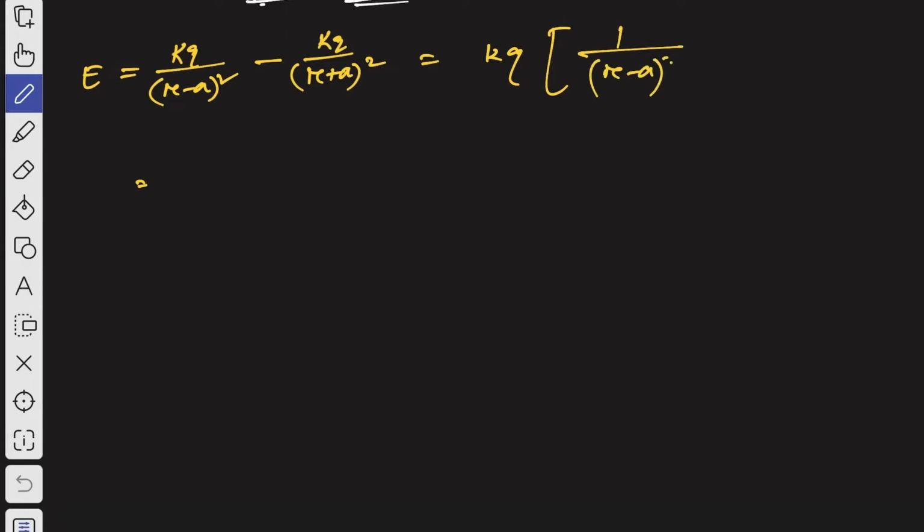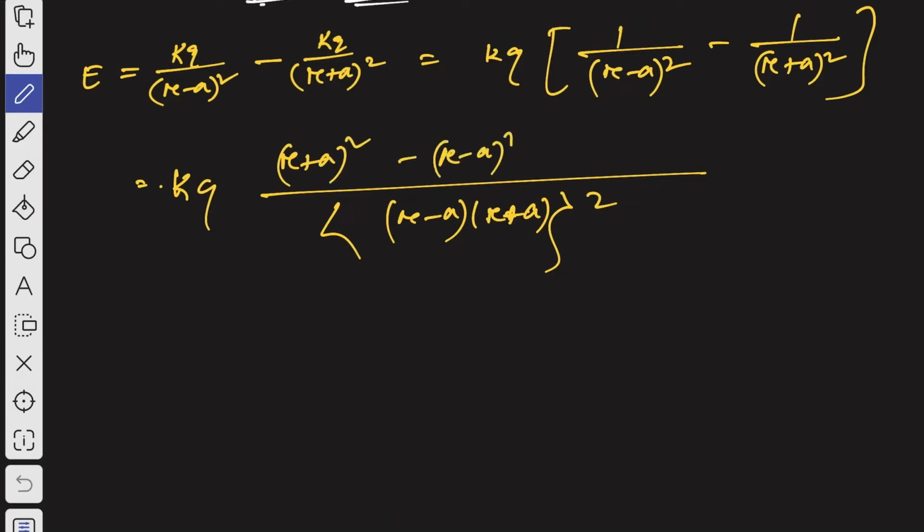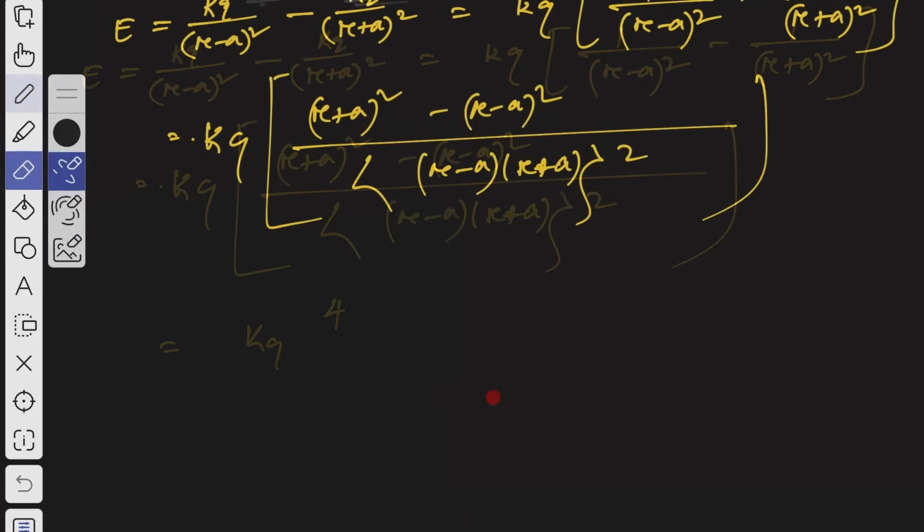Taking KQ common, 1 by R minus A whole square minus 1 by R plus A whole square. Then if you simplify, you will get R plus A whole square minus R minus A whole square, over R minus A into R plus A whole square.